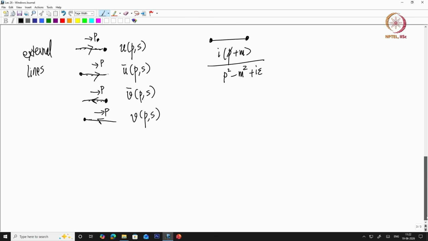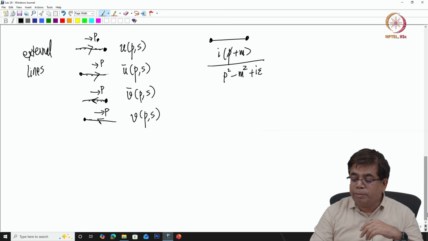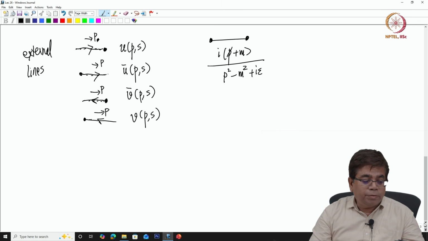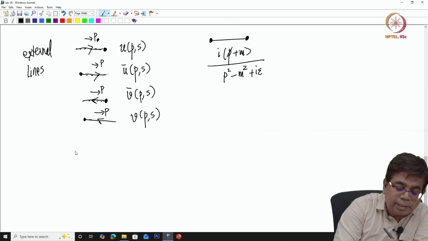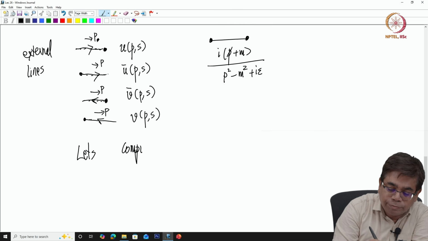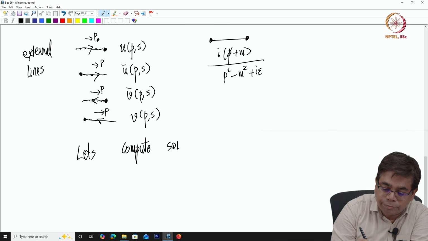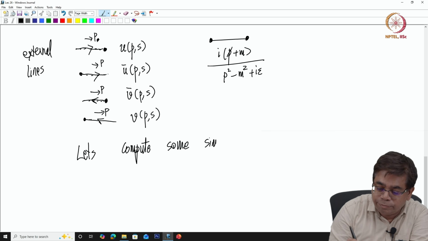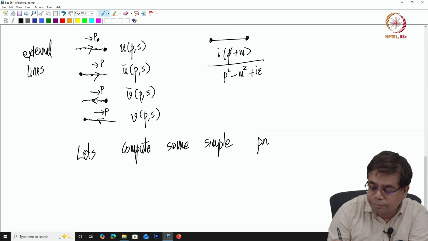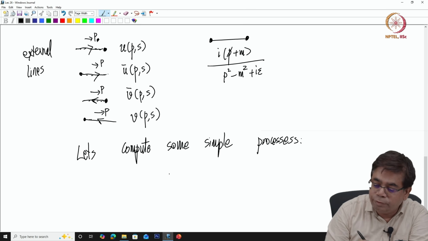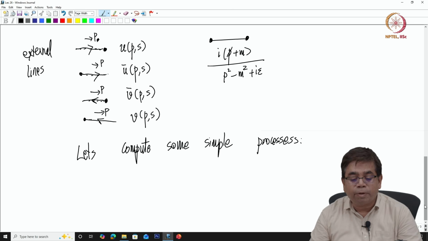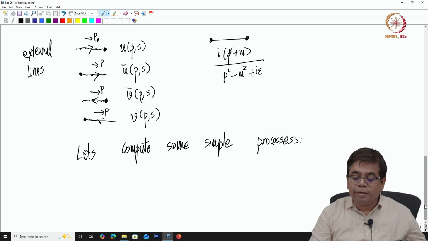Okay. And with this let us compute some simple process. Let us take some examples. So we do the same, first let us do the process which is psi going to psi.